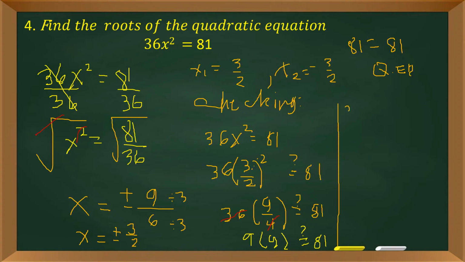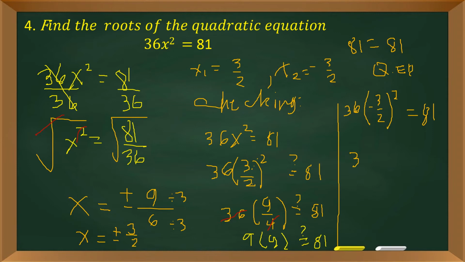So, 36 times negative 3 halves squared is equal to 81. But again, negative 3 squared is, magandahin lang natin yung sulat.